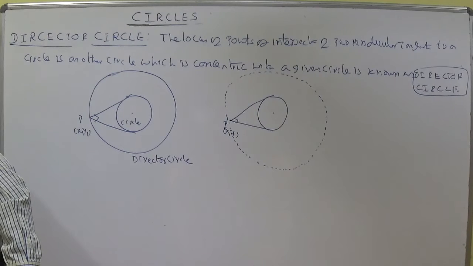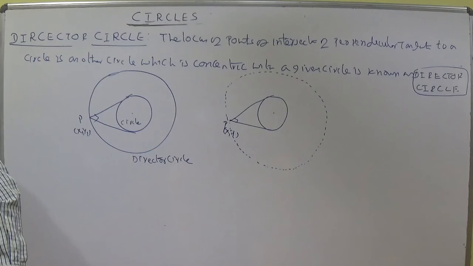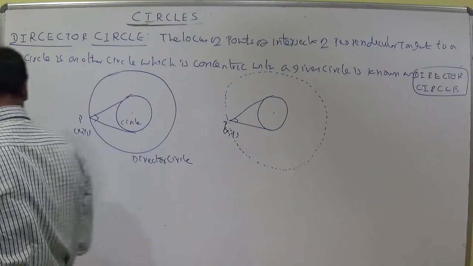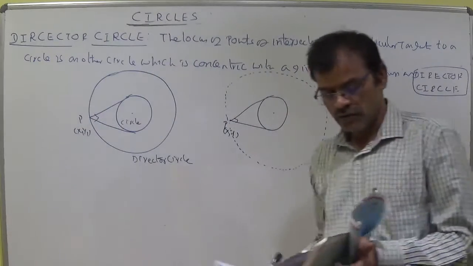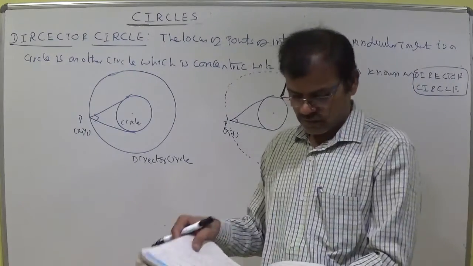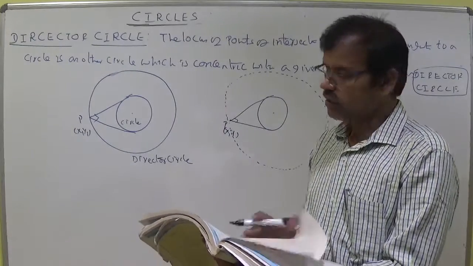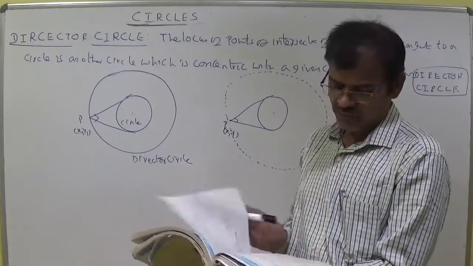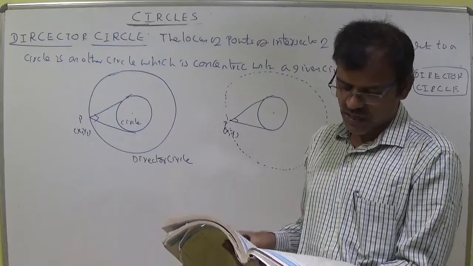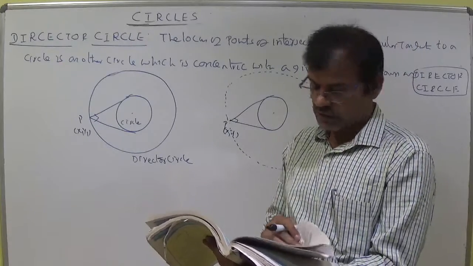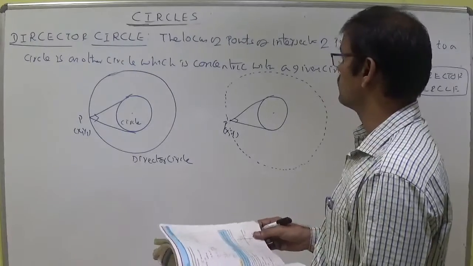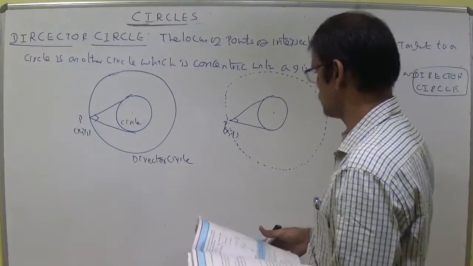Now let us discuss the next concept, chord of contact. What we have discussed now, equation of, just angle between tangents only we discussed. Depends upon angle between tangents, director circle also we discussed.